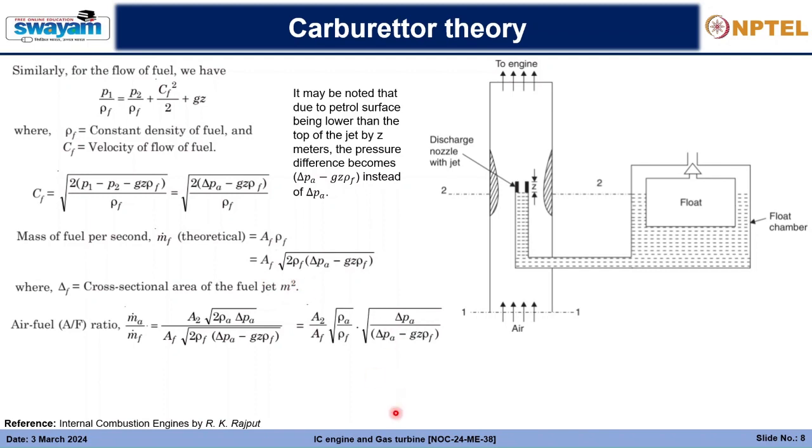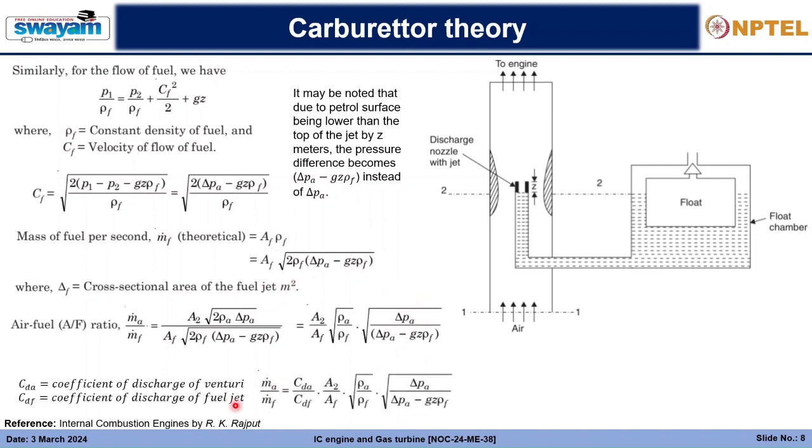So for A2, we just simplify the equations, and finally we apply the coefficient of discharge at the venturi. For the air there will be CDA, and for the fuel that will be CDF, discharge of fuel out here.